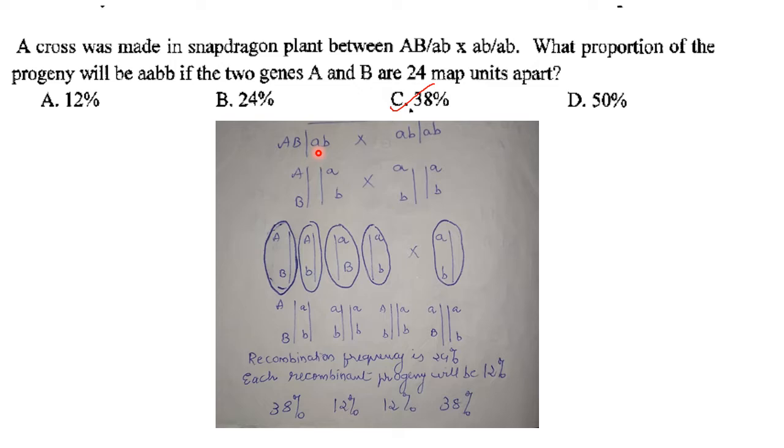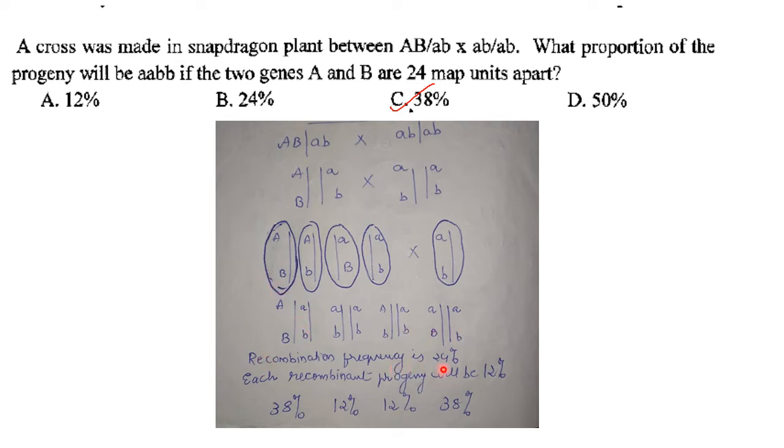So these are the parentals, that is capital A, capital B, small b, and capital A, small b, small a, small b. Now these will produce the gametes AB, A small b, A capital B, A small b, and this will produce the gametes A, B. Upon crossing you will get these progeny.